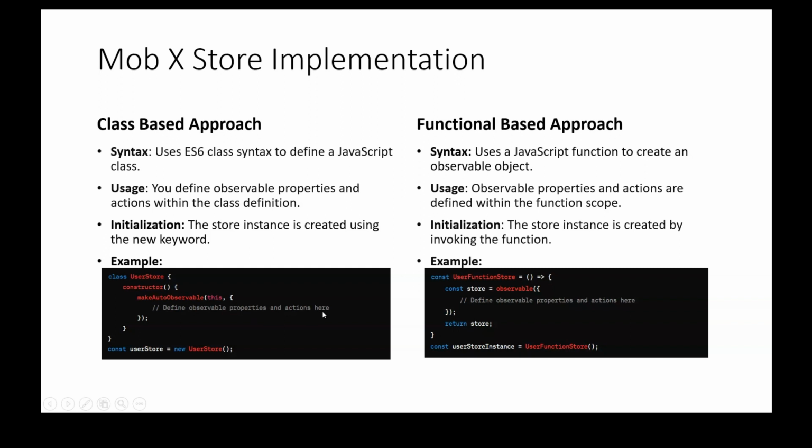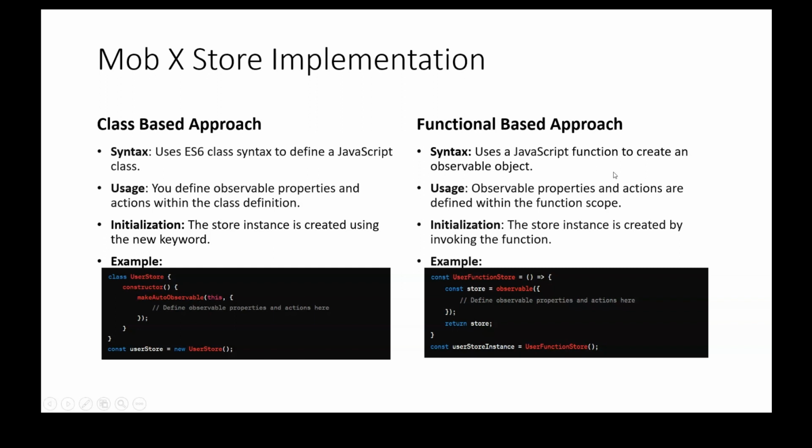The class-based approach uses ES6 class syntax, which is defined in JavaScript classes. As usage, we can define observable properties and actions within the class definition, and we can initialize the store instance with the new keyword.